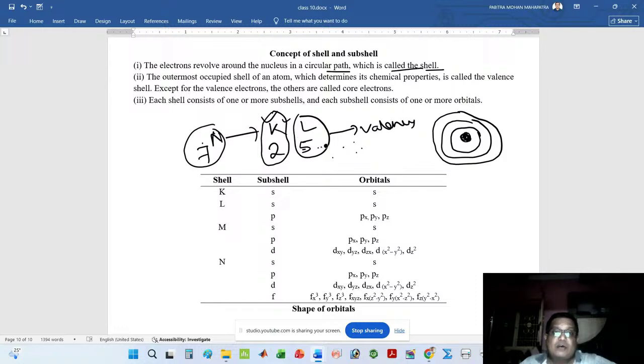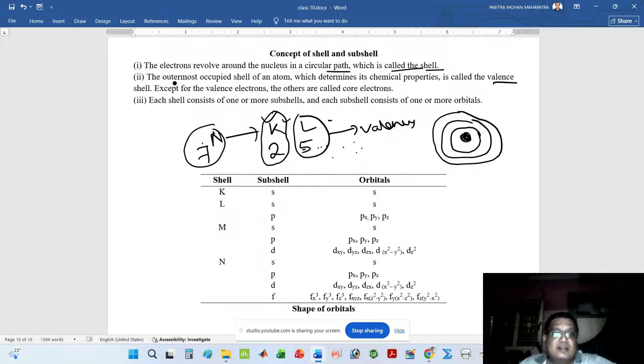Only the outermost electrons, present in the outermost shell, that is the valency shell, determine the chemical property. This shell is popularly known as the valency shell. So for nitrogen, the L shell is the valency shell, and the K shell is the inner shell, that is, the core shell.